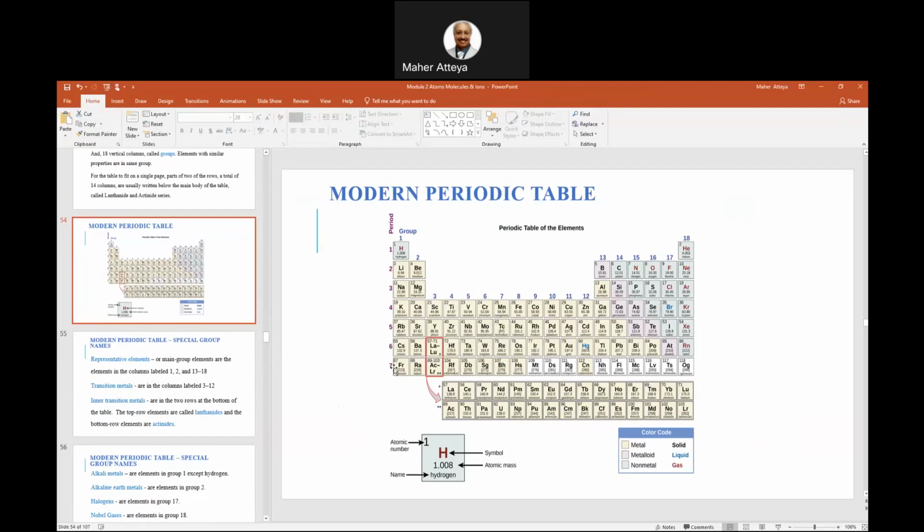It turns out they are arranged according to increasing atomic number, not atomic mass. Atomic number is very important. The elements increase by atomic number, and that's the whole design of the periodic table.